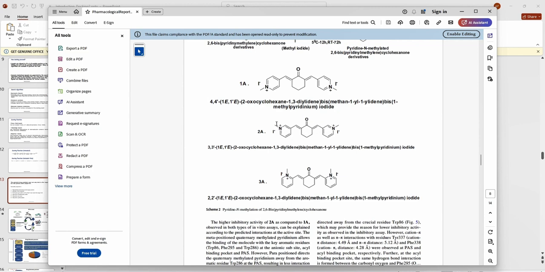So we tried to synthesize this new molecule with a single bond here, but we were not able to, because some kind of condensation reaction happens when we remove this double bond and make it a single bond. It collapses.